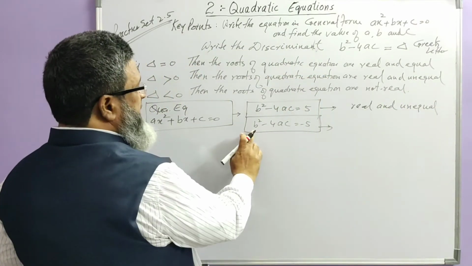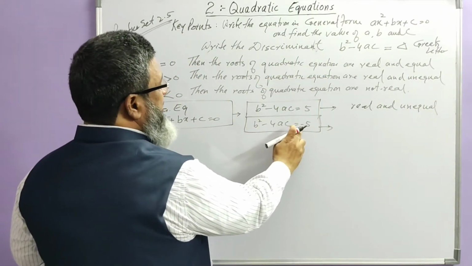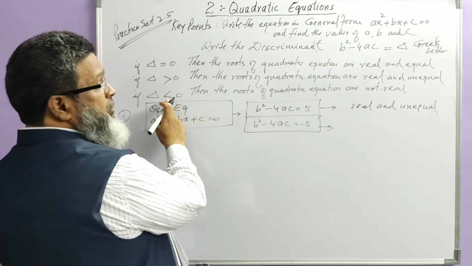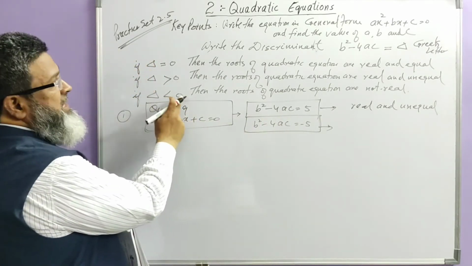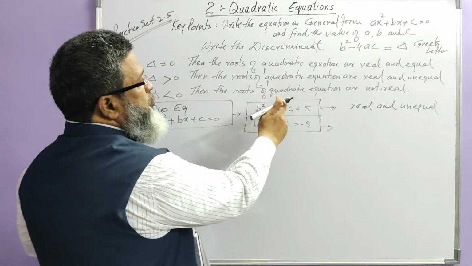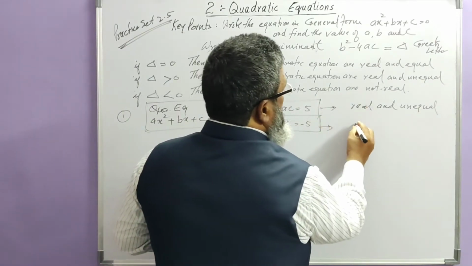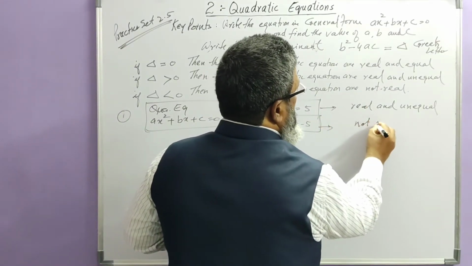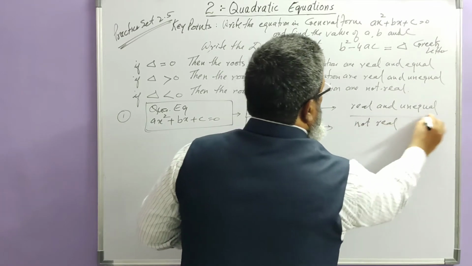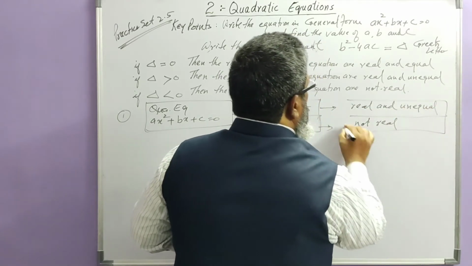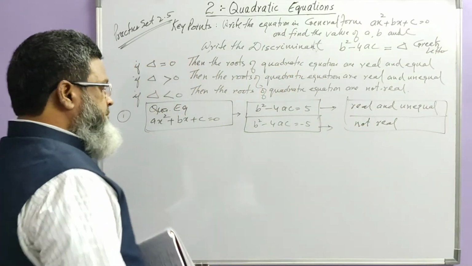Again, b square minus 4ac is minus 5, which is less than 0. So if delta is less than 0, then the roots of the quadratic equation are not real. Like this you can fill in the blanks.